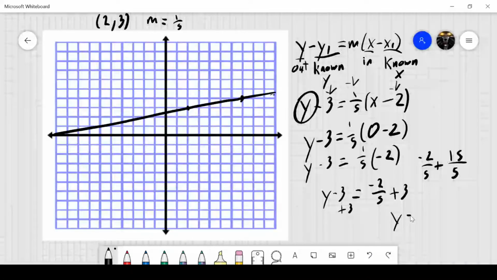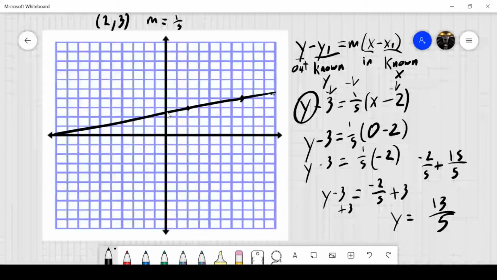And we get y equals negative... nope, I'm wrong. It's not negative. That's my bad. It's 13/5. Negative 2 plus 15 is 13, so y equals 13/5. So again, guys, sometimes I make these mistakes.